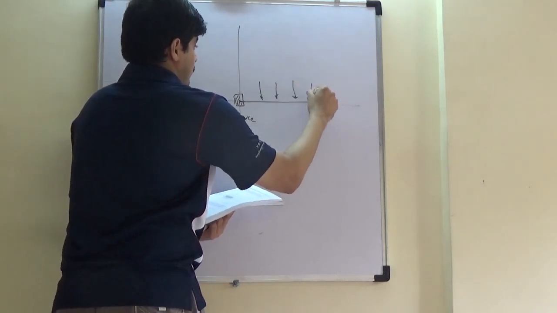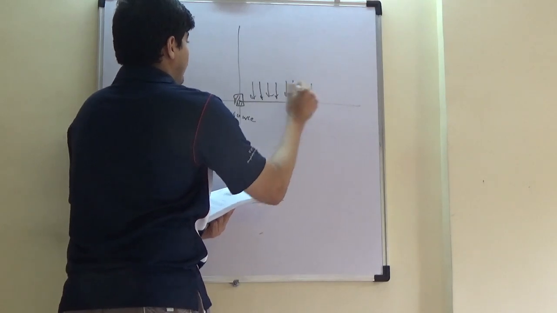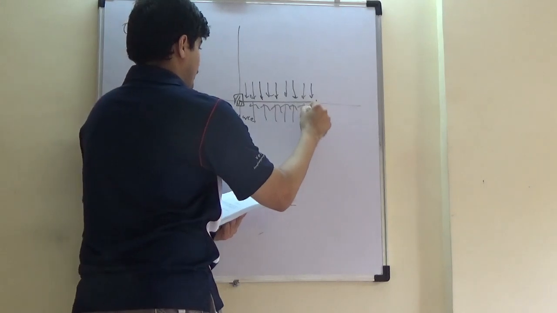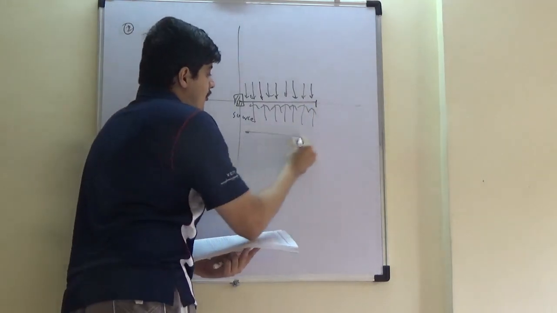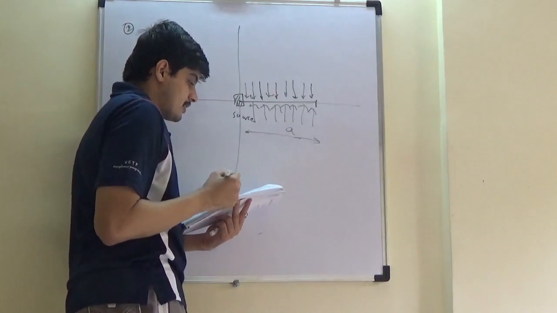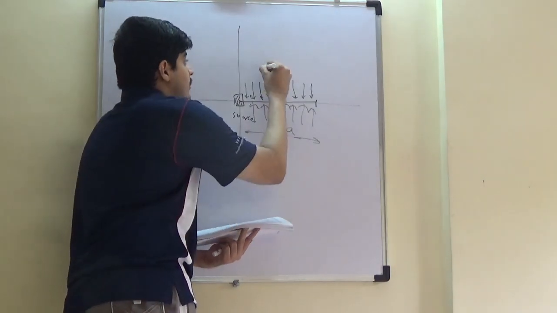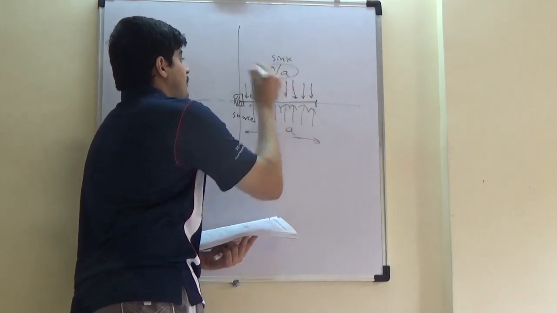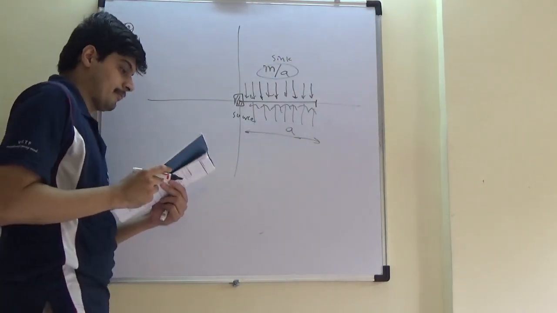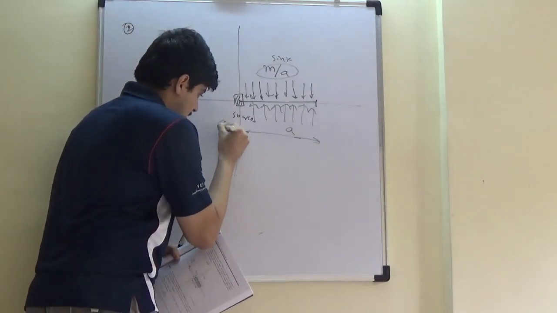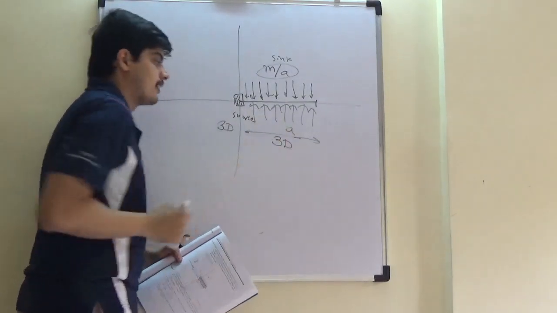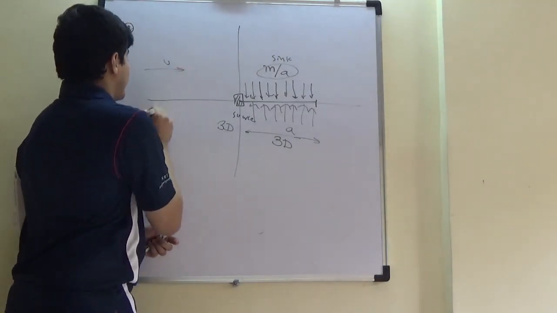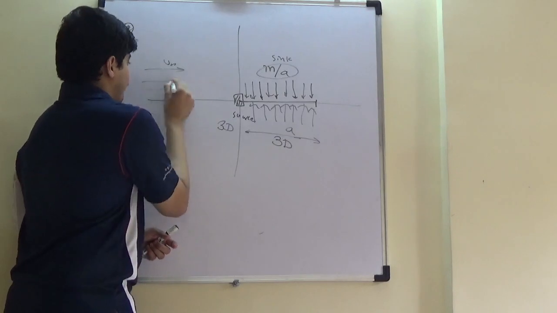It is a sheet of infinitesimally small sinks placed next to each other, a continual sheet of length A, such that the strength per unit length of the sink is M upon A. The source is three-dimensional and the sink is one-dimensional, and then there is a free stream component U infinity.